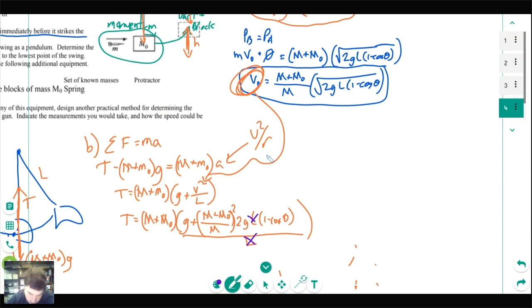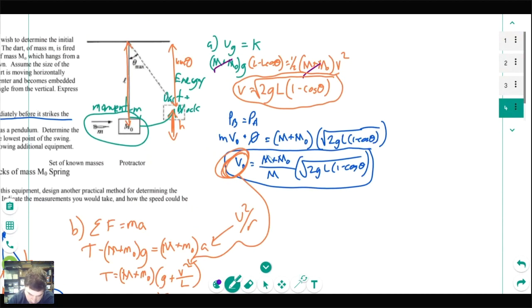crap. Hold on. Hold the phone. That's the wrong V. I don't want that V. I don't want the V of the dart before it collided. I want the V from way up here. I want this V, the V at the bottom of the swing, not the V of the dart.